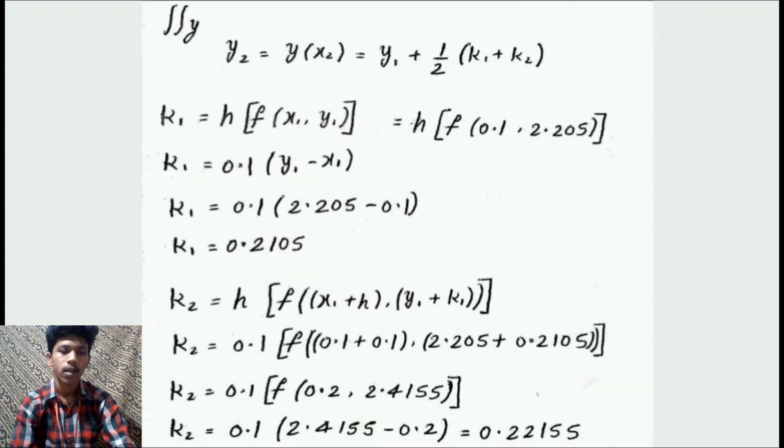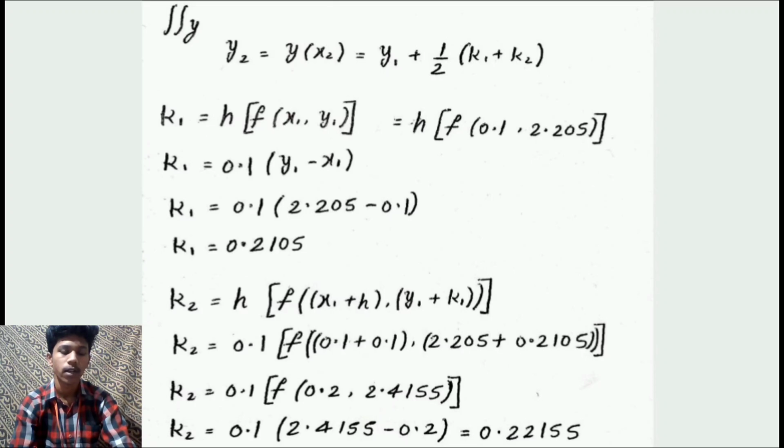And then similarly, y2 is equal to y of x2 is equal to y1 plus half of k1 plus k2. Here k1 is equal to h into f of x1 comma y1. h is as usual 0.1, and here x1 is equal to 0.1 and y1 is equal to 2.205.